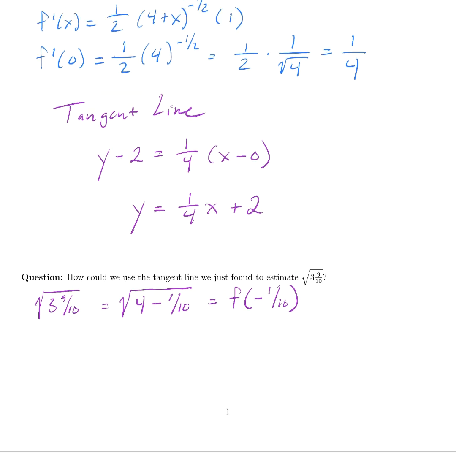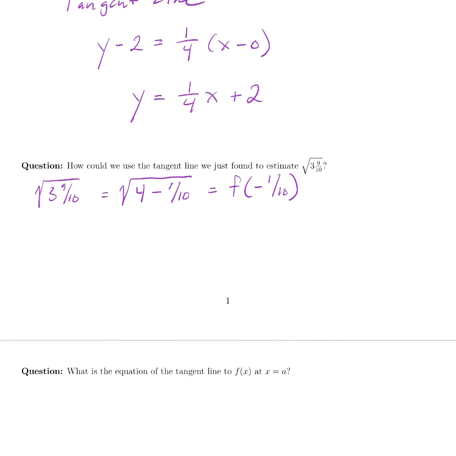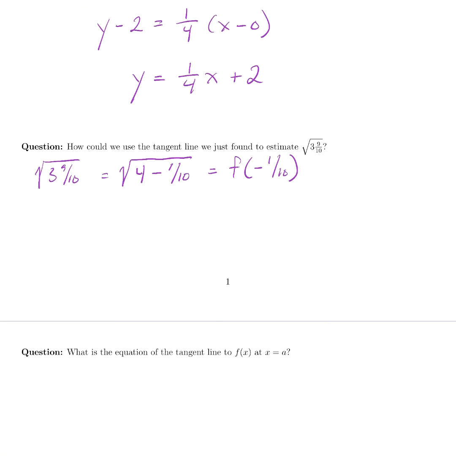Let's think about this. We have the tangent line at 0 to this square root function. So this function looks something like this, and we found above the equation of this tangent line at 0.